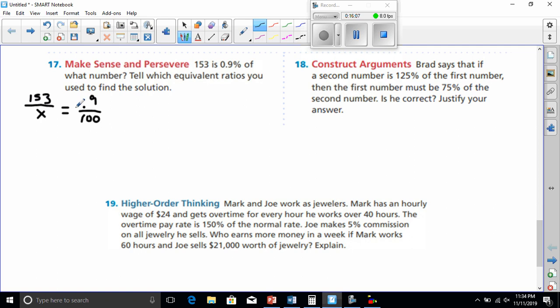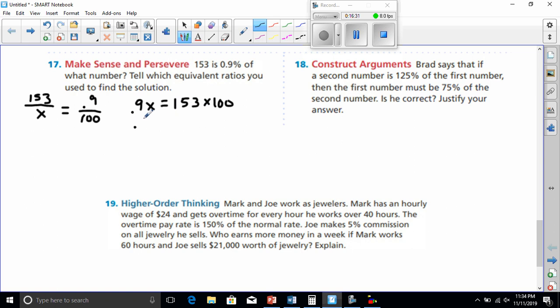All right? So to do this, I have to cross multiply. That's going to turn this into 0.9x has to equal, we're going to multiply this to this and then this to this, 153 times 100.